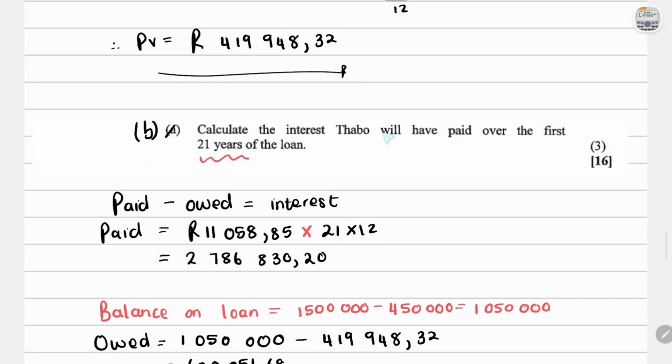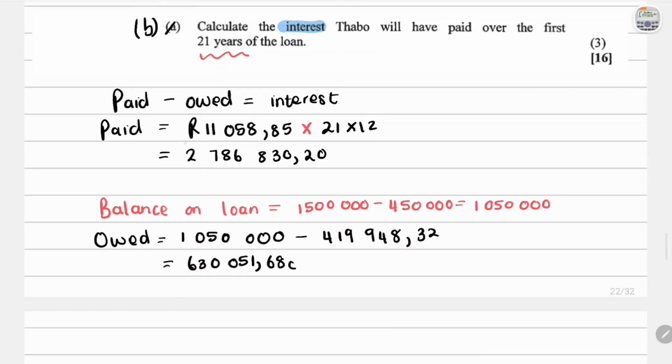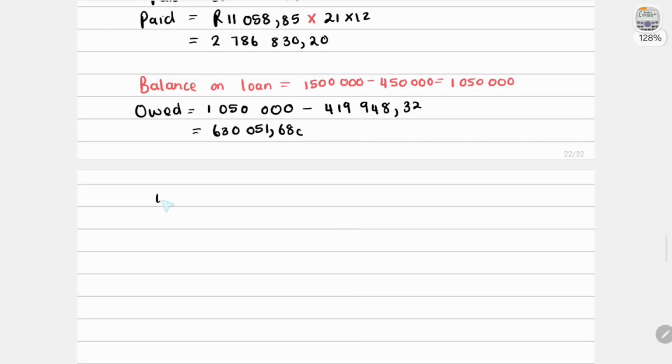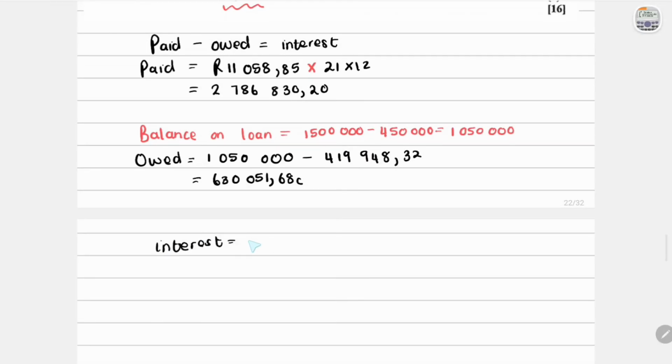And now we can get to the whole point of this. We need to calculate the interest. The interest will be found by saying the total amount paid within that period, minus the total amount he would have owed within that period. And so that is going to be the interest. Finally, it is going to be found by saying the amount paid, which is 2,786,830.20, minus the amount that he owed, which is 630,051 Rand 68 cents.